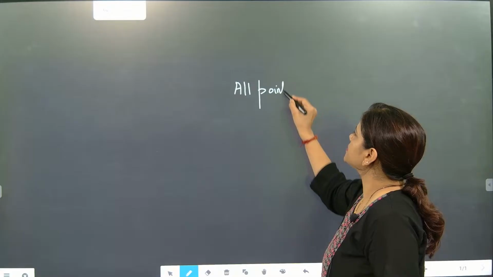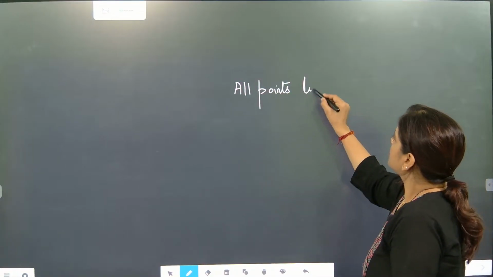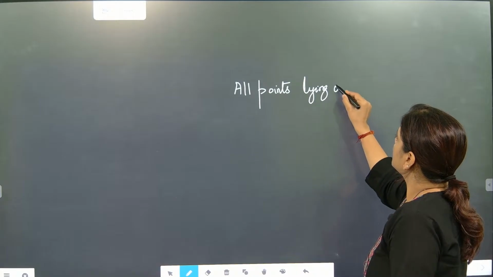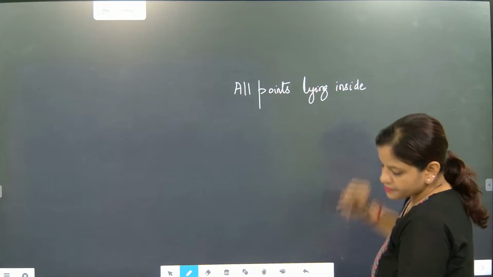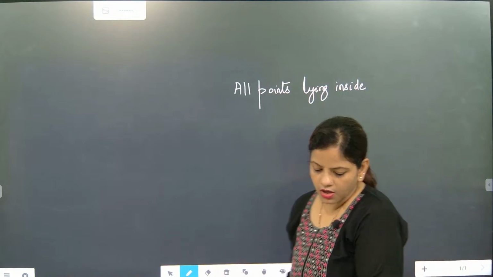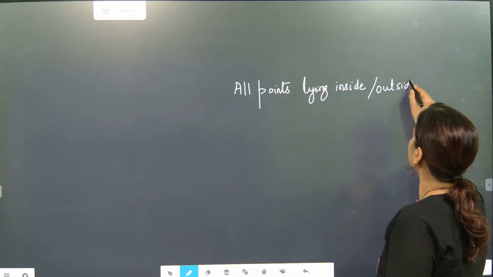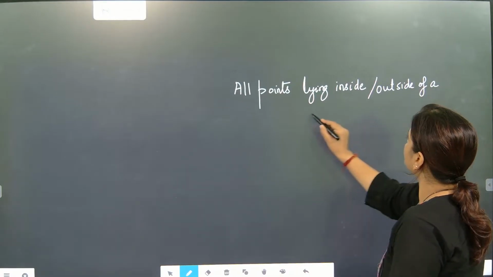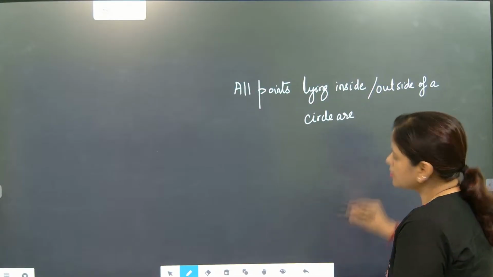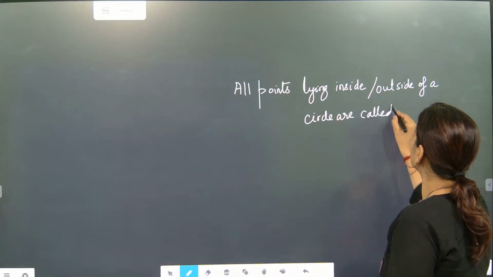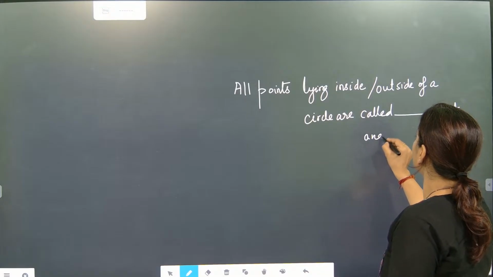All points lying inside or outside of a circle are called dash points and dash points.